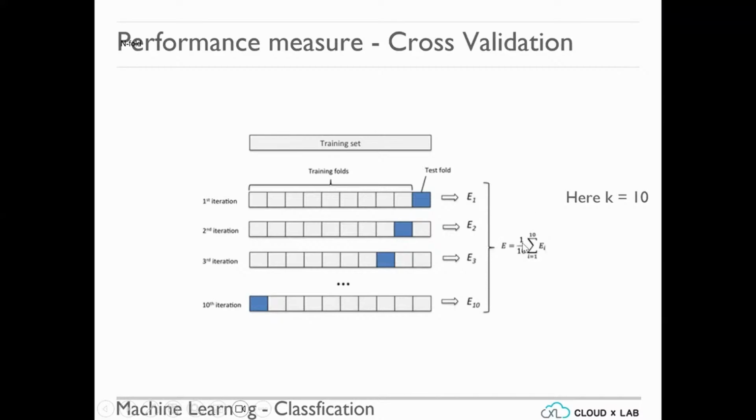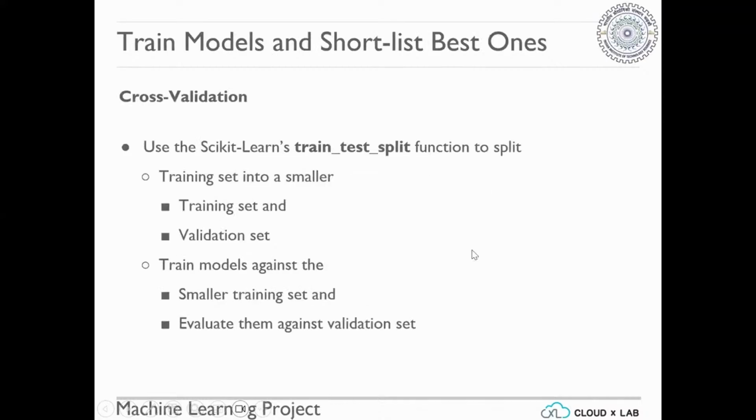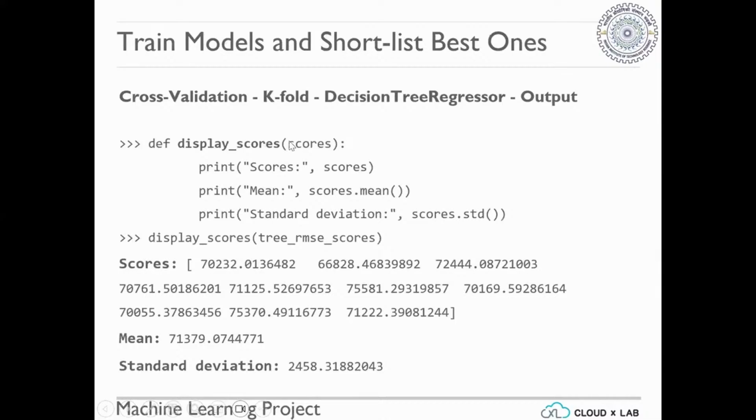Since we have 10 different models, we can also calculate the standard deviation. This score, since cross validation equals 10, is the first model score, the second model score, the third model score. Likewise, we will get 10 score values. And this is the mean score, and this is the standard deviation score.